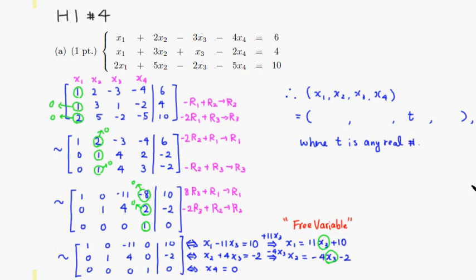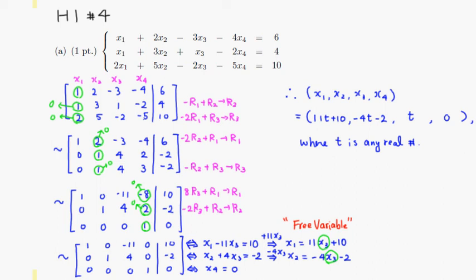But once x3 is determined to be t, then x1 has to be 11t plus 10. So you just write down the expression 11t plus 10. And x2 would be negative 4t minus 2. Then x4 is always 0.